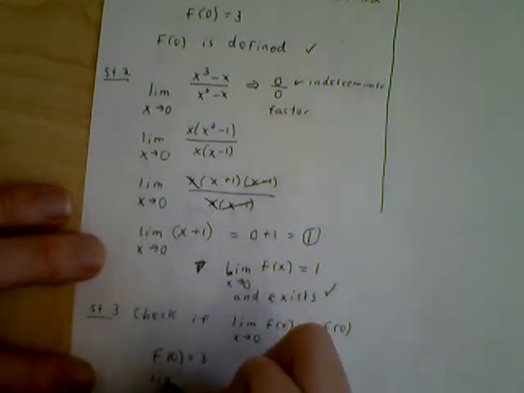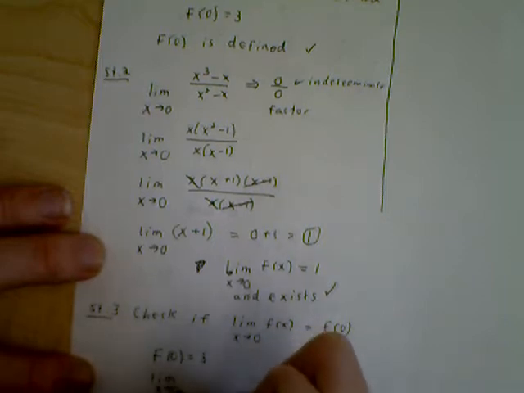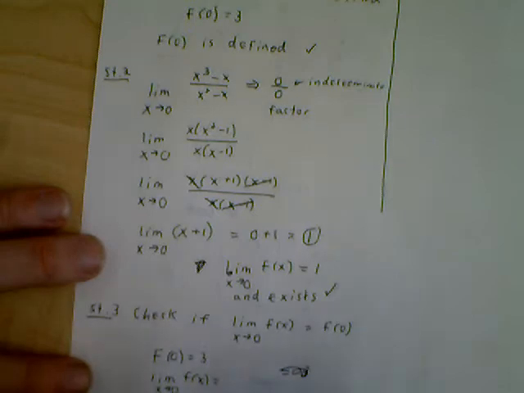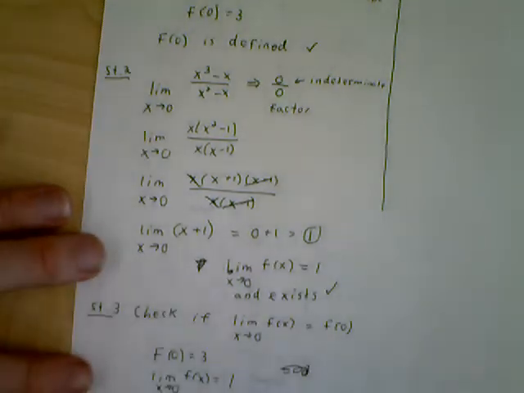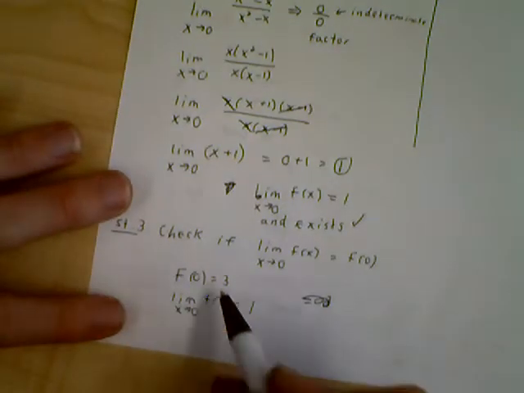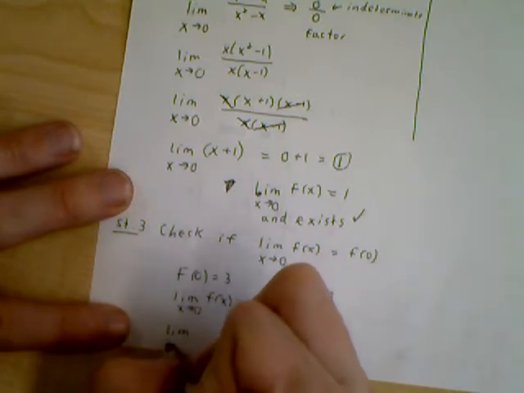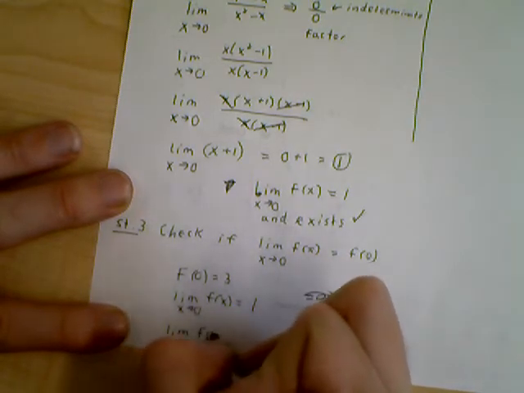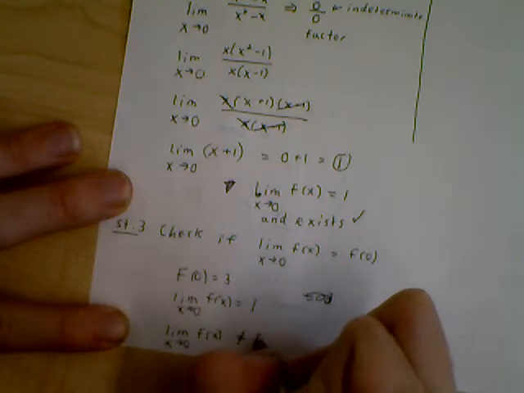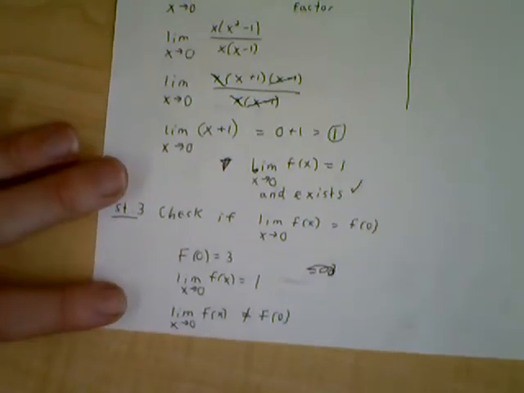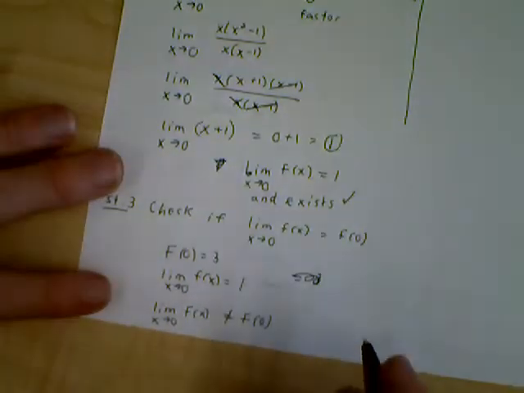I found that the limit in step 2 as x approaches 0 is 1. These are not equal to each other. So I just failed the third criteria.